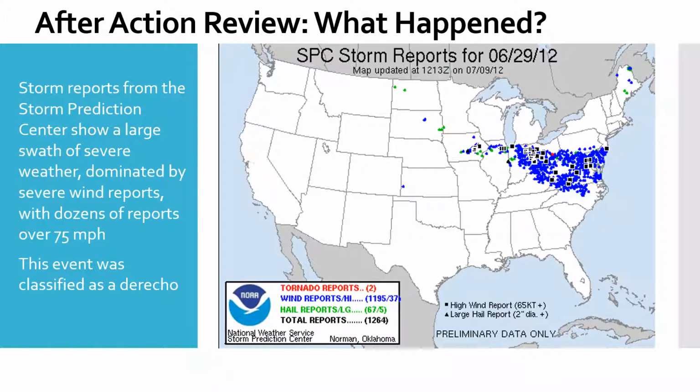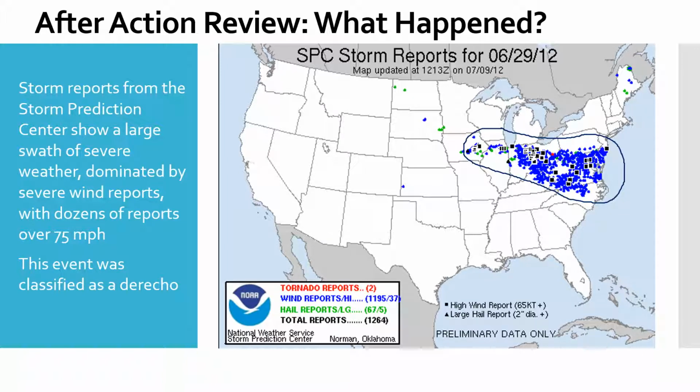Here are the preliminary reports of damage due to severe weather from the Storm Prediction Center. We can see a large swath of mostly strong wind reports. That's what the blue dots and squares mean, extending from as far west as Iowa and Illinois, and then really ramping up into Indiana, Ohio, West Virginia, and the mid-Atlantic states from North Carolina to New Jersey.